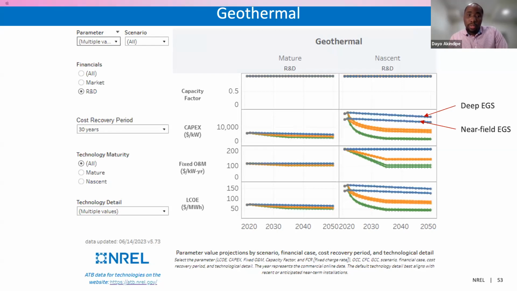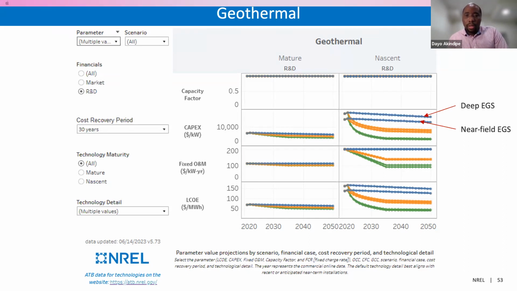As we've seen already in recent announcements, we have delineated both systems, basing the near field EGS on a brownfield development adjacent to a hydrothermal system. And so we see the reduction in the CapEx, the fixed O&M, and also the LCOE when comparing the deep to the near field EGS.